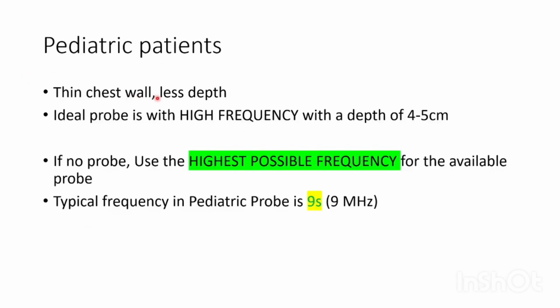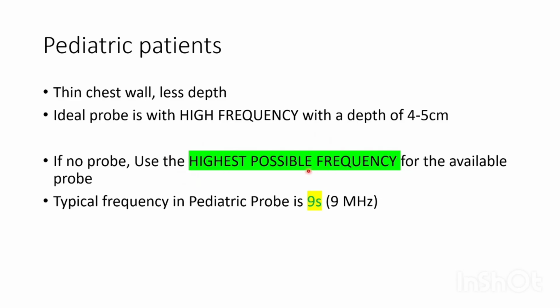In pediatric patients, they have a thin chest wall, so you need not have too much penetration. So a higher frequency probe you can use in pediatric patients. Typically they require a high frequency probe. If you don't have a pediatric probe and you are forced to do an echo on a pediatric patient with an adult probe, then you use the highest possible frequency, that is up to 4.5 or 5.